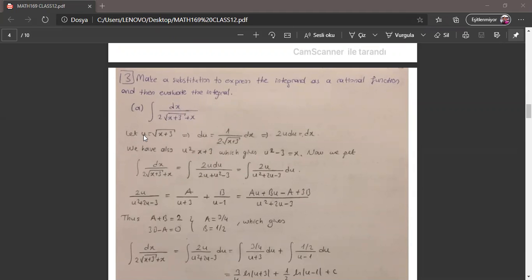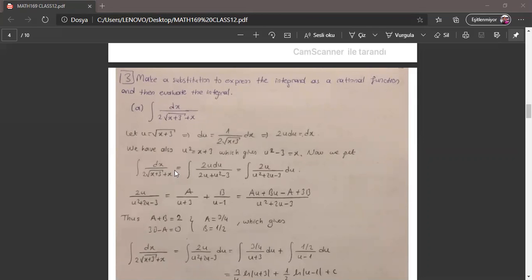So we say u to be equal to that, and differentiate it and get this, then 2u du is equal to dx. Note that u squared is this, then it gives u squared minus 3 is equal to x.